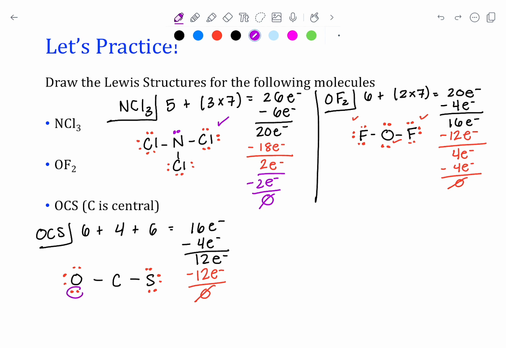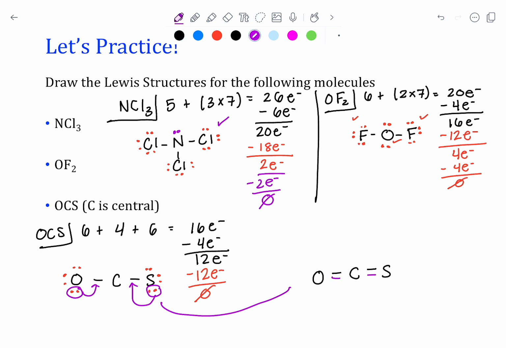So, like we've seen before, oxygen will give up one of its lone pairs to create a bond. And since sulfur and oxygen are in the same group, they're going to have similar properties. So if oxygen is polite and donates a lone pair, sulfur will also be polite and donate a lone pair. So this now creates a structure of OCS.